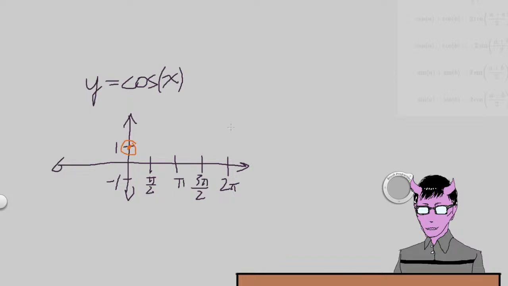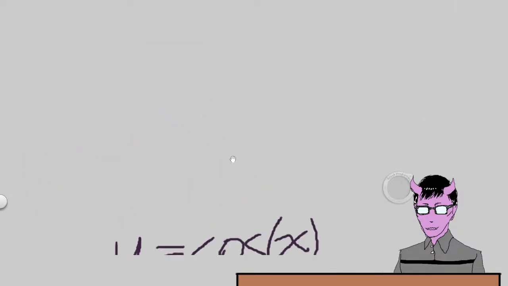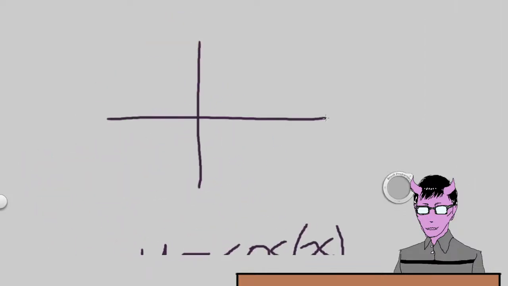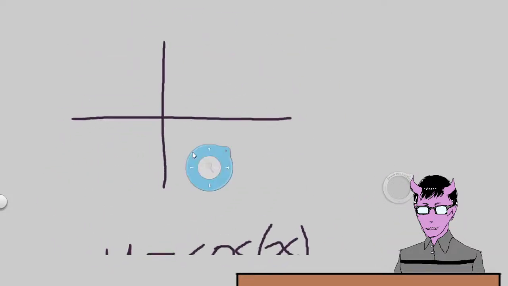So why does it start at 1? Well, it takes us back to the reference triangle. So back to another graph. To understand this graph, you go to this one, right? So inner quadrant angle 0 is right here. So when you take cosine of 0, that's the collapsed triangle.